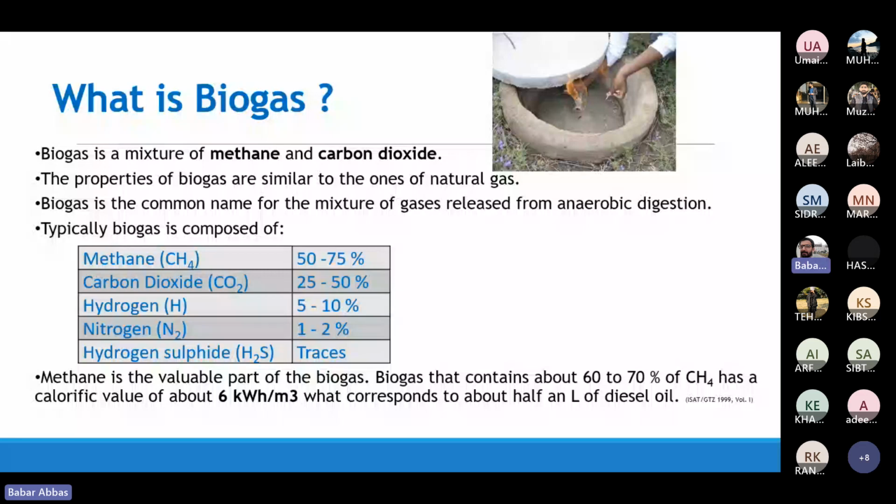There is a difference between natural gas and biogas. Biogas is the common name of the mixture of gases released from anaerobic digestion. The typical composition is 50 to 70% methane, carbon dioxide 25 to 50%, hydrogen 5 to 10%, and nitrogen and H2S are also present as trace gases.